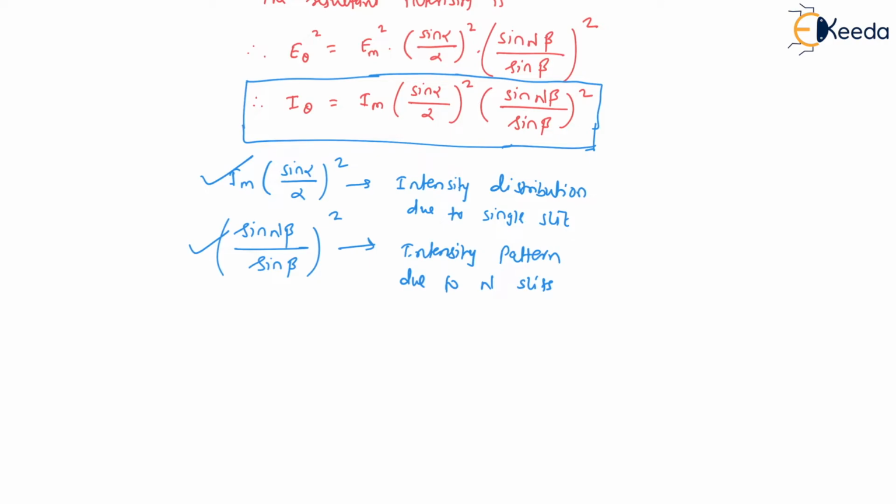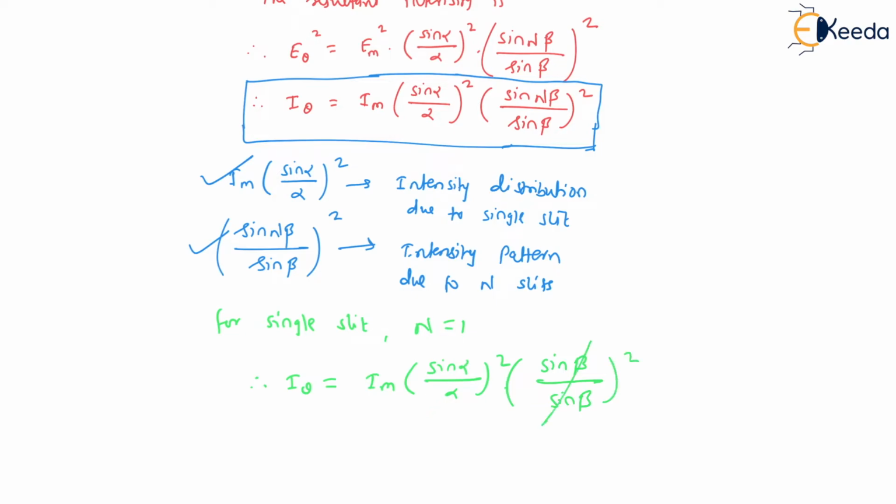For a single slit, the value of n will be 1. So I theta equals Im into sine alpha by alpha bracket square into sine of 1 into beta, that is sine beta, divided by sine beta bracket square.